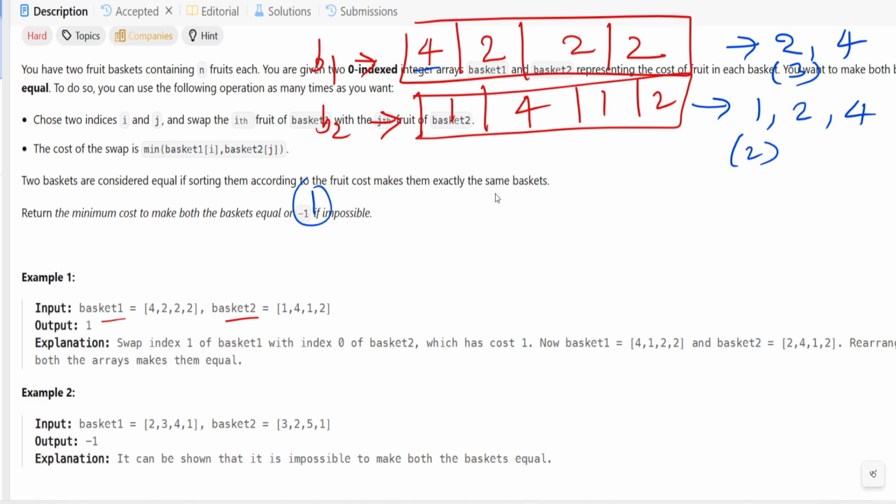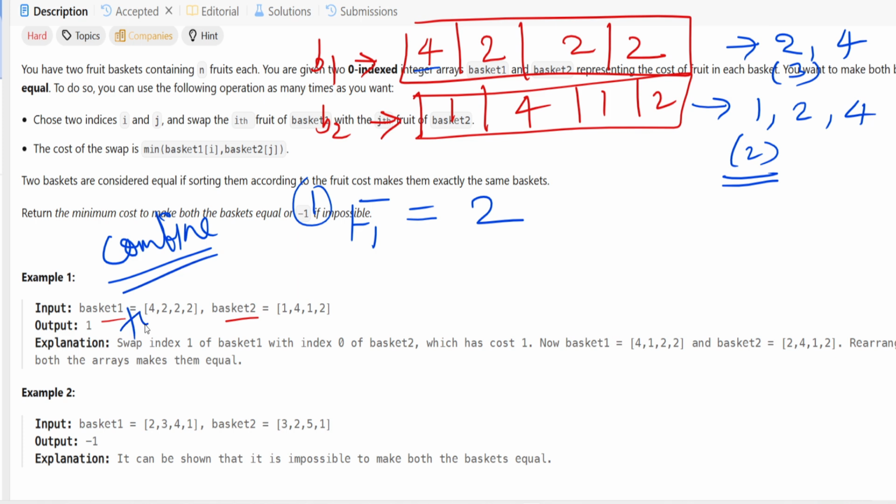Let's suppose I'll say count total fruit, because we want to combine this count, right? Combine means total fruits.